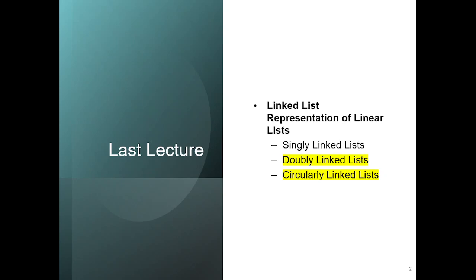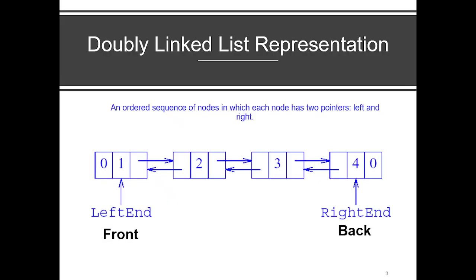If you remember, a singly linked list is a linked list in which each node has just one link to another node. So such a list is a singly linked list.